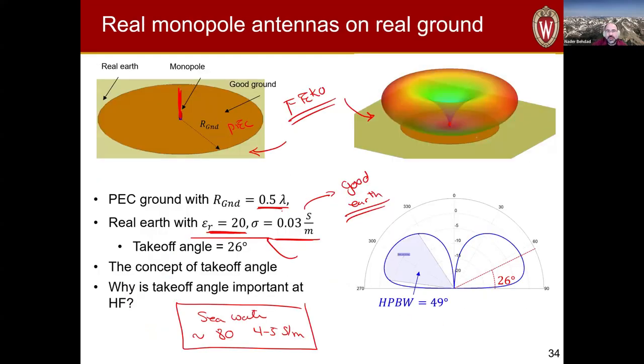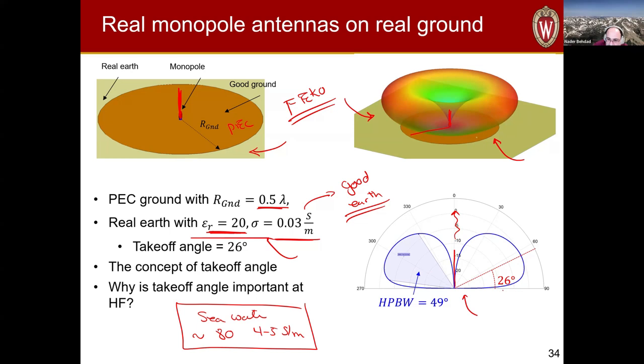And this is what you get in real life at HF frequencies, when you have a monopole antenna placed on a really good ground plane, but with finite dimension, and under that ground plane the rest is surrounded by real Earth. So your monopole antenna, this is a cut in the elevation plane pattern. So your monopole antenna is now located here. So obviously there's no radiation along the axis of the monopole.